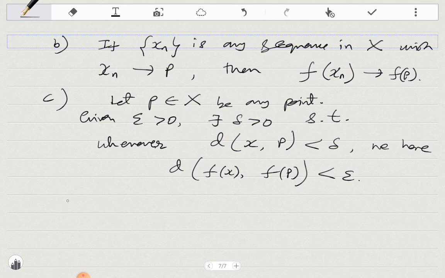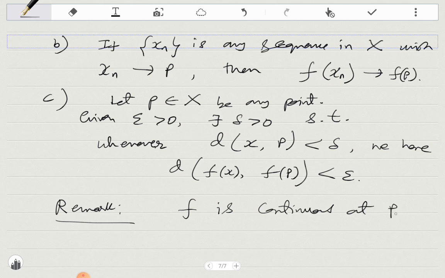Remark: f is continuous at P in X, as opposed to just saying continuous, if B holds for P.